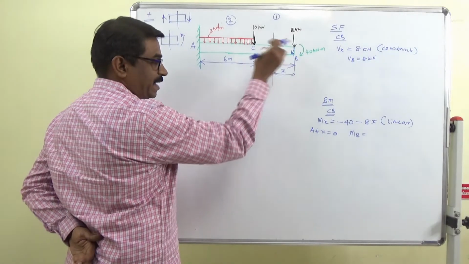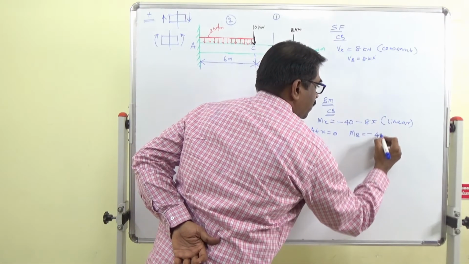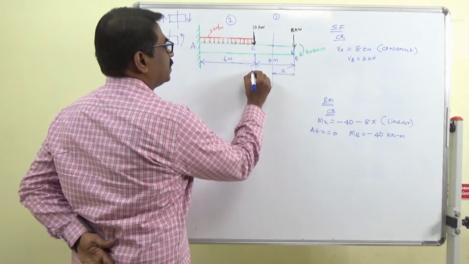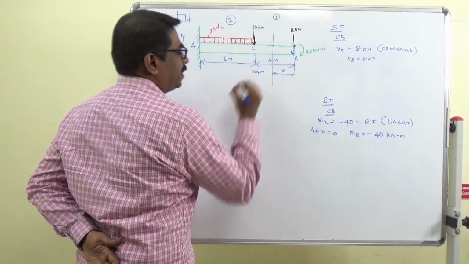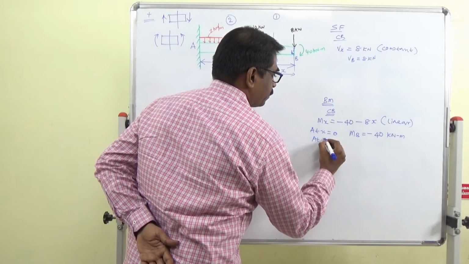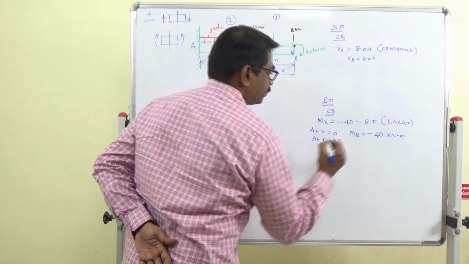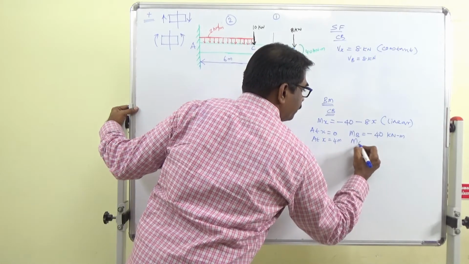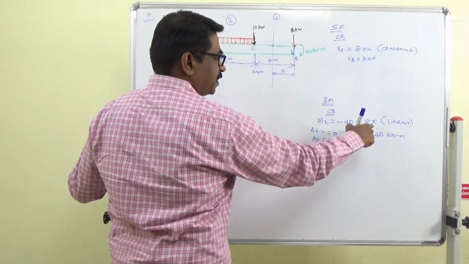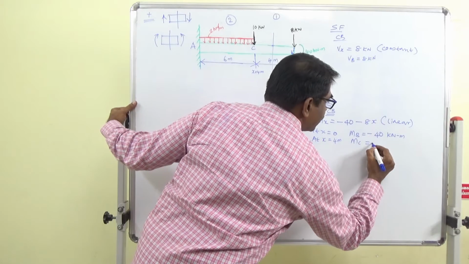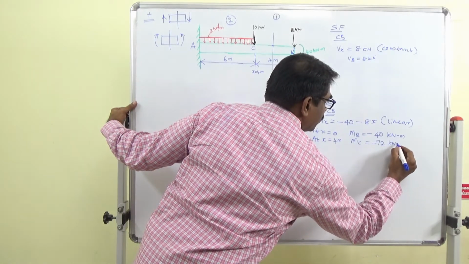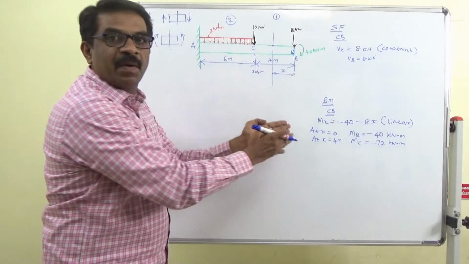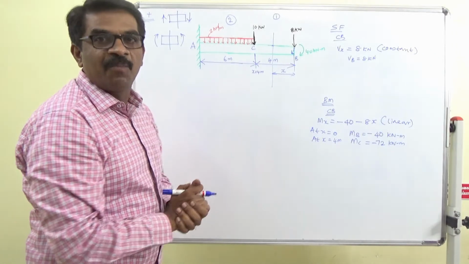So minus 40 kilonewton meter at B. At x equal to 4 meter, I am at C, so MC equals, substitute for 32, so minus 72 kilonewton meter. So for the first segment, the shear force and bending moment values have been obtained.